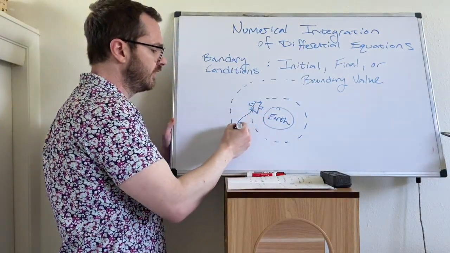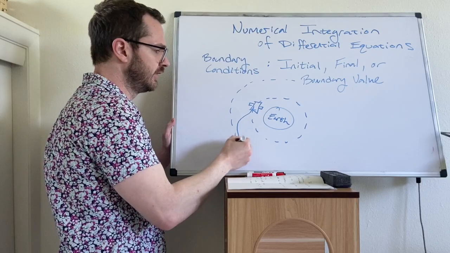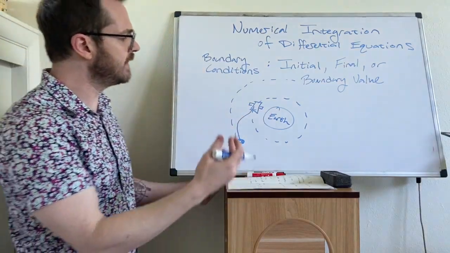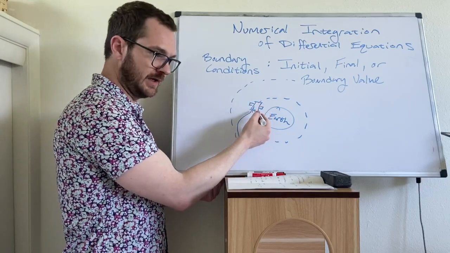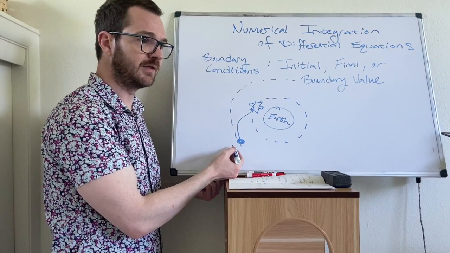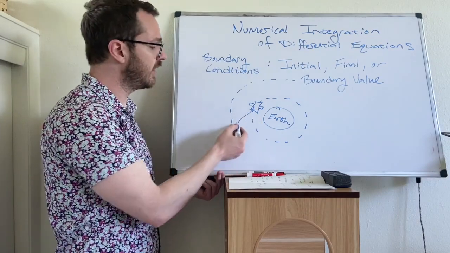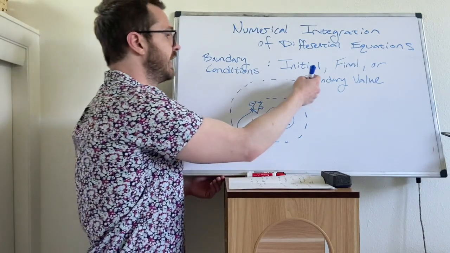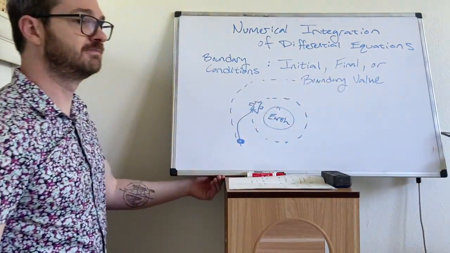So we want to develop some trajectory such that it moves from low altitude to high altitude. That means we have information about the initial state, the initial altitude, and we are also specifying the final altitude. We now want to find the trajectory that gets it from here to there. So that would be a boundary value problem.